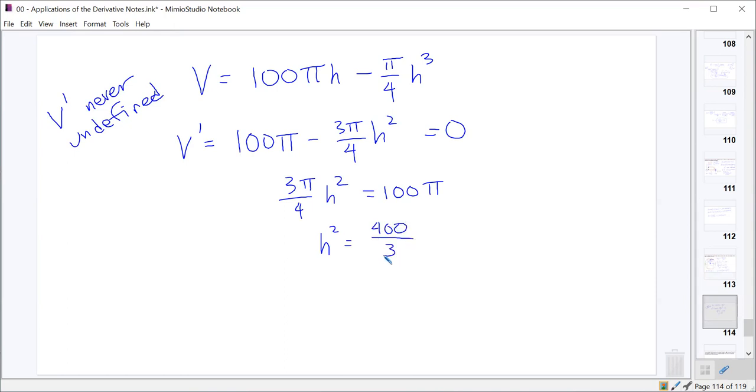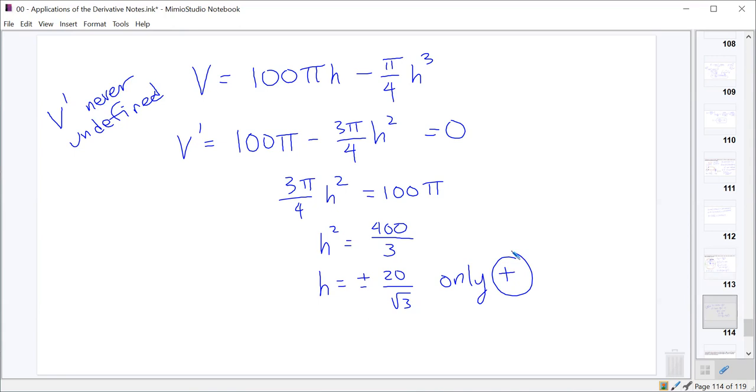The pi's just cancel out. And square rooting this gives us h equals plus or minus 20 over root 3, but we'll only use the positive because we know that our domain only included values from 0.